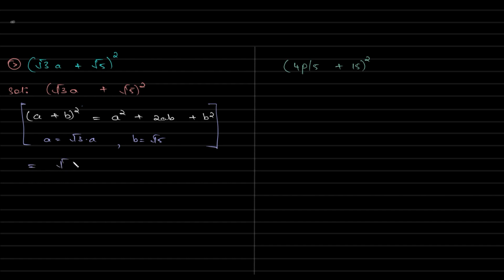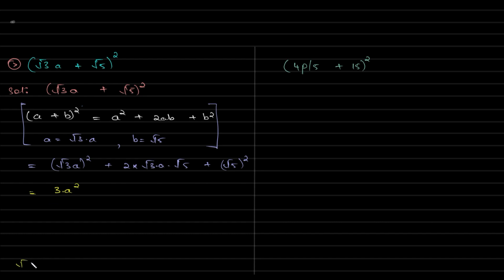So we have root of 3a the whole square plus 2 into root 3a into root of 5 plus root 5 the whole square. This is where your exponent skills will come in handy. Root 3a into root 3a is 3a square.